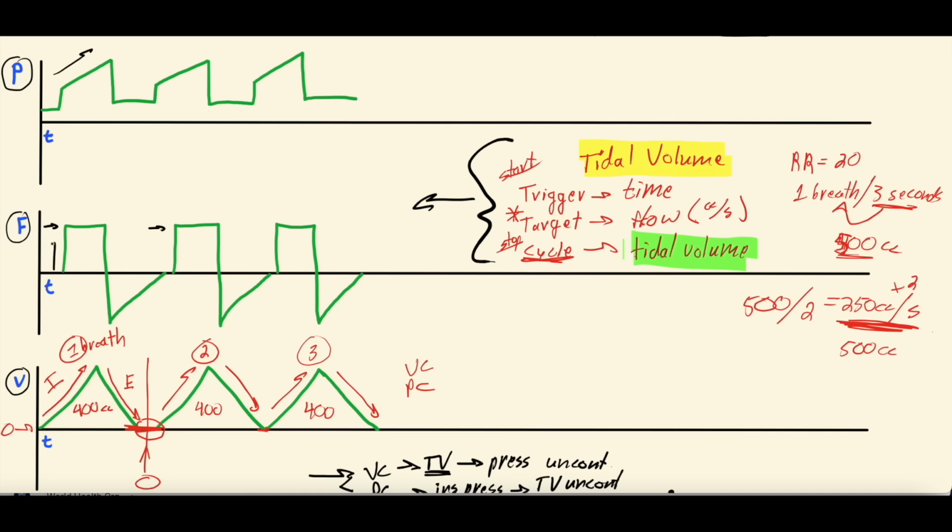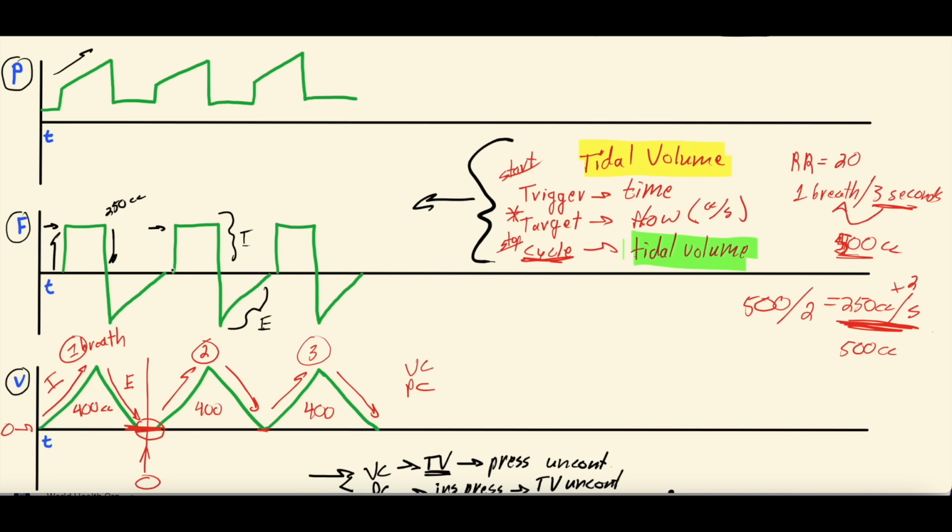I'm going to just ramp up immediately to that set flow of 250 cc's over 1 second of time. And then the flow just immediately goes to 0. This is inspiratory flow. And then this is negative because the patient's starting to expire. So this portion here, the positive portion, is inspiration. This portion here goes all the way down to the negative portion, which is expiration.